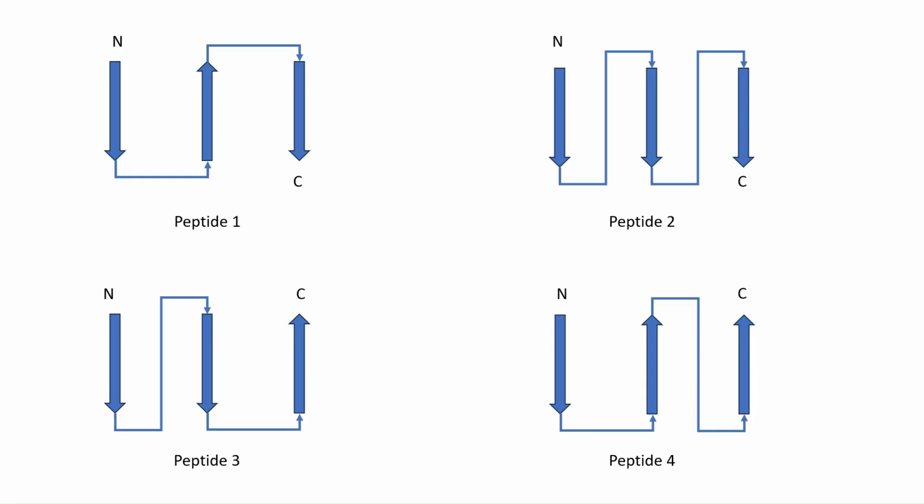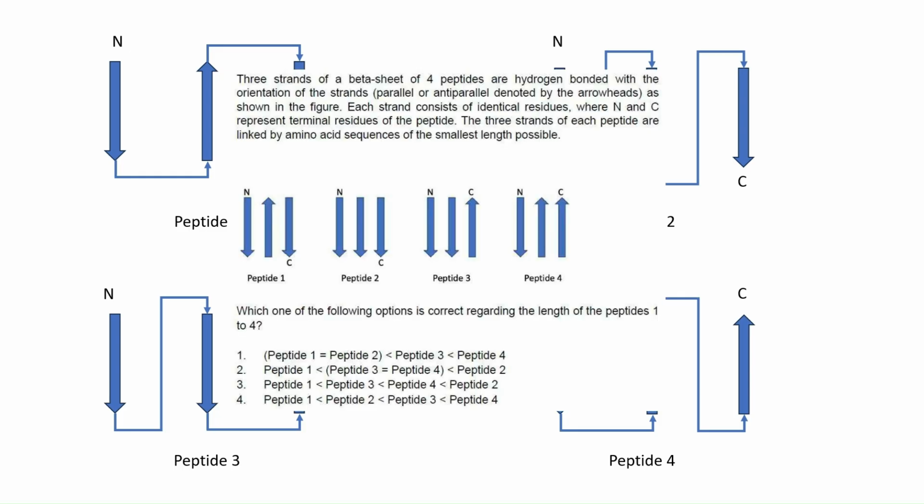So what we can see from this image is that peptide 1 has two linkers, both of which are short, and peptide 2 has two linkers, both of which are long, which means that peptide 1 is the shortest and peptide 2 is the longest. Now peptide 3 and 4 both contain one linker of the longer length and one of the shorter length, making both of them equal in length. So from this, we can say that our answer will be option 2.